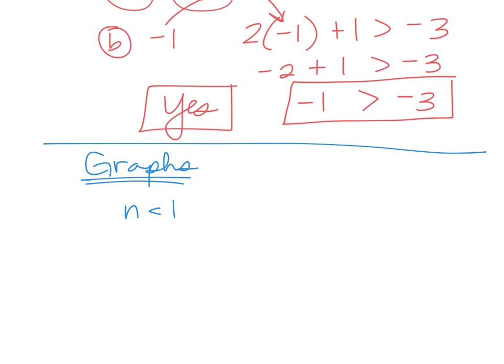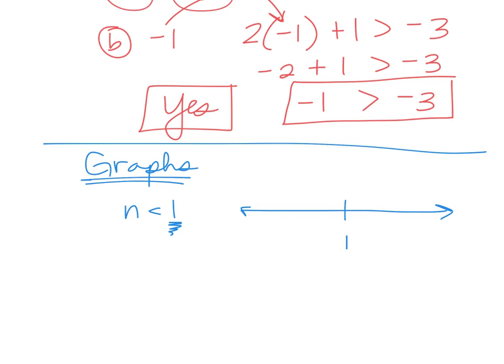You're going to just make your own number lines for this. So a number line is going to look like this, okay? And all I need you to do is put one number on there. And the only number I need from you is the number that's in your problem, okay? So you're going to put the number 1 on your graph, and it says n is less than 1.